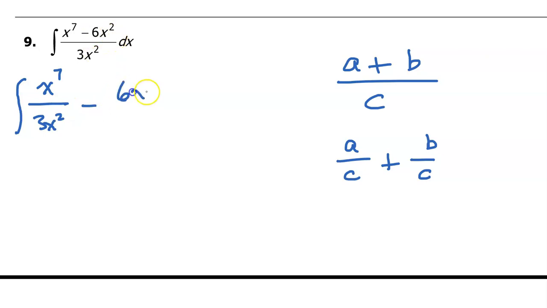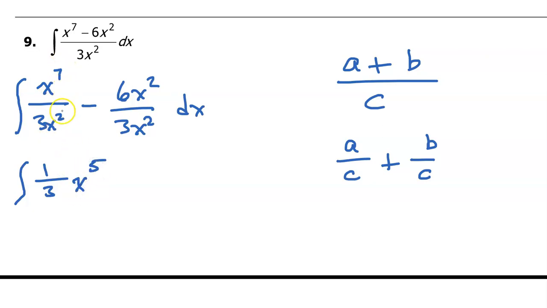And then I have 6x squared over 3x squared dx. Simplifying this a little bit, here's my 1/3. x to the 7th power divided by x squared is x to the 5th power. You subtract the exponents. And then minus. The x squared will cancel out, and then I just have 6 over 3, which is 2, dx.